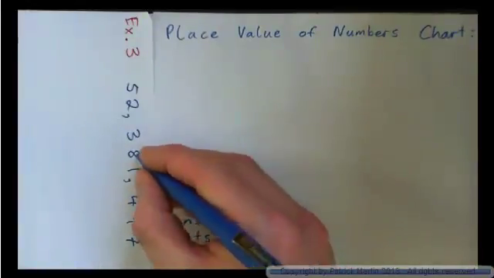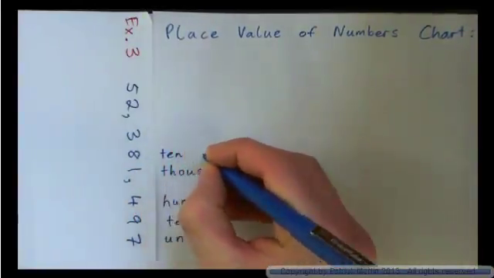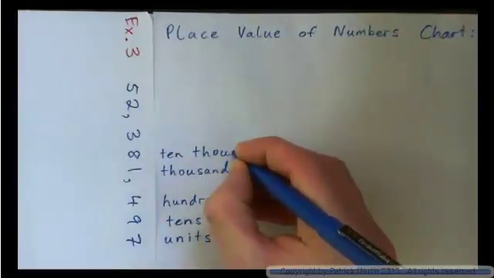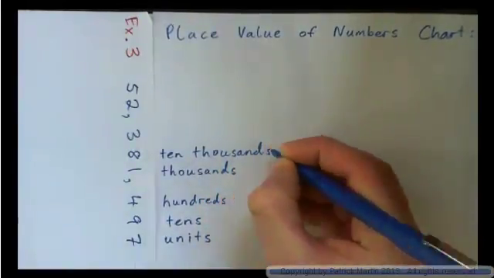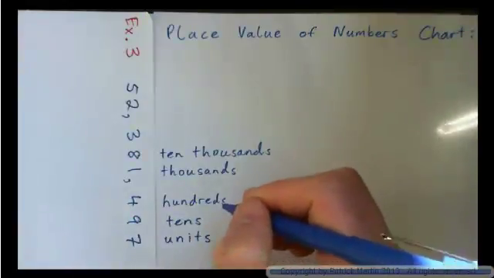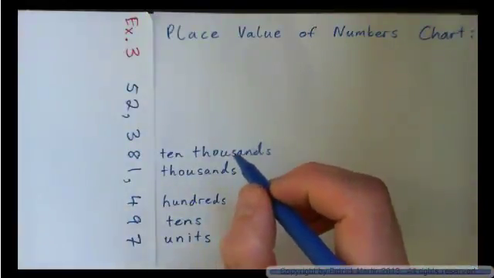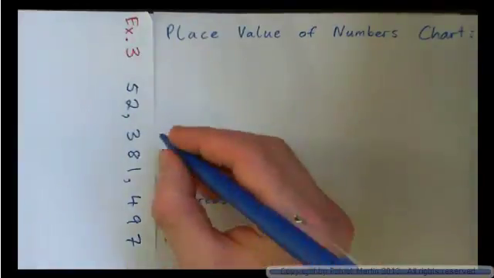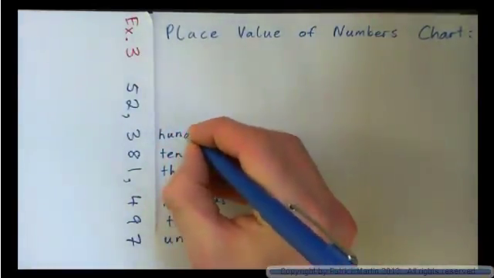So and then we have the 8 is 10,000s, right? And the 3 represents what? So units, tens, hundreds, thousands, 10,000s, 100,000s, right?